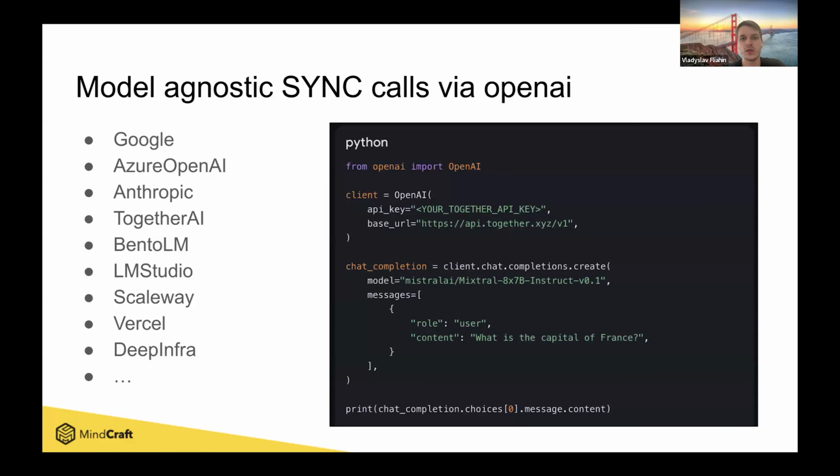I think a lot of you know that you can use the OpenAI framework to call OpenAI models, but how many of you know that you can run a whole bunch of providers and models using the same OpenAI framework? There are a lot of companies that support the synchronous integration, where you swap the base URL and API key, for example, here to Together AI, and use the same OpenAI framework or the same chat completions, but obtain the results from different models and also pay on Together AI.